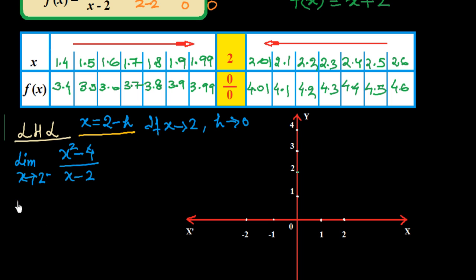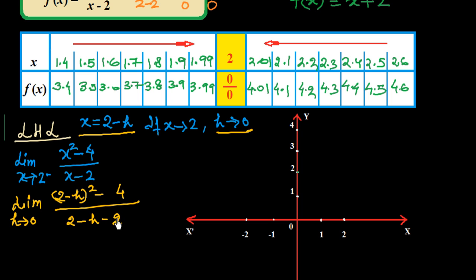So I put here: limit h tends to 0 for (2 minus h) whole square minus 4 over (2 minus h) minus 2.